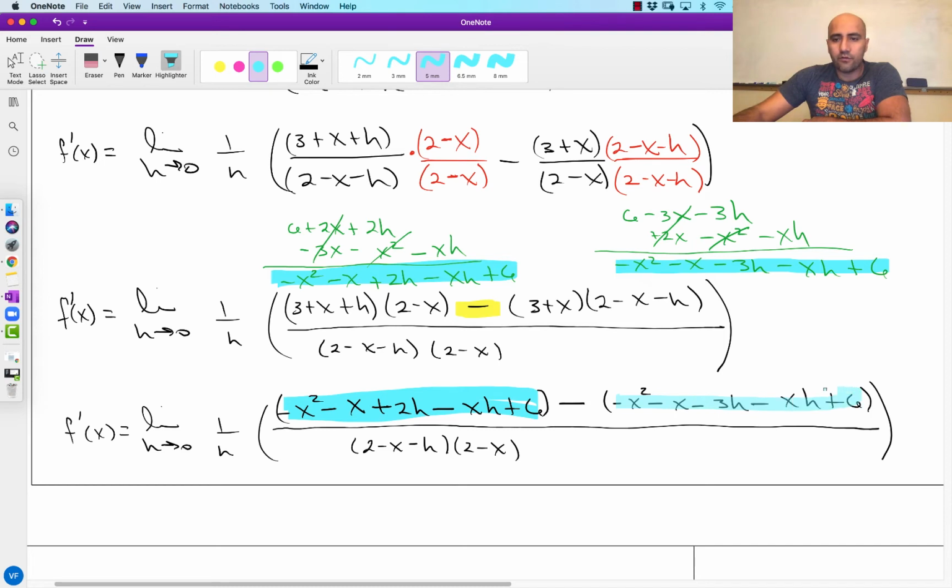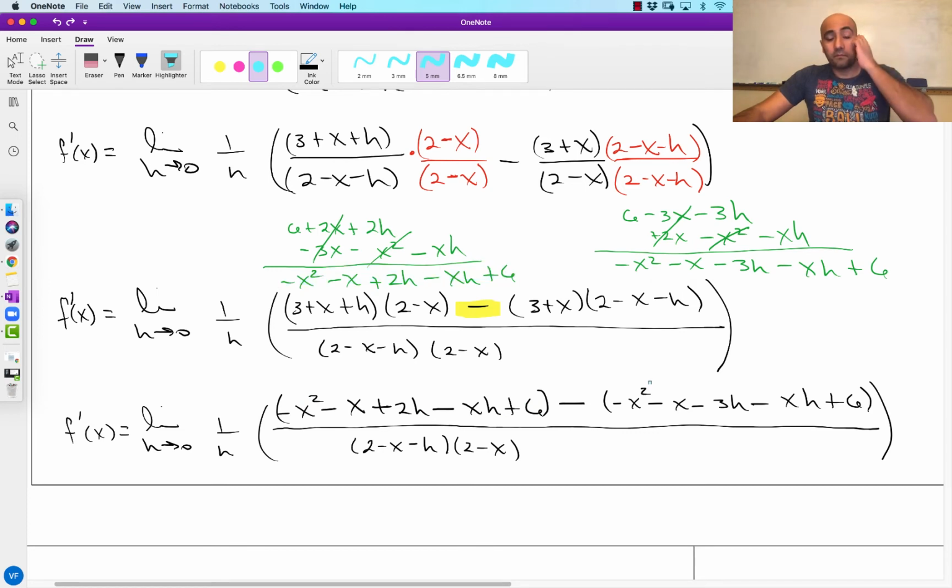Be careful with all those signs. And remember that there's a subtraction there, so we're still going to have to distribute this subtraction, simplify it, and then cancel. Get rid of those things. Okay, so now let's go ahead and distribute that minus and see what we get.